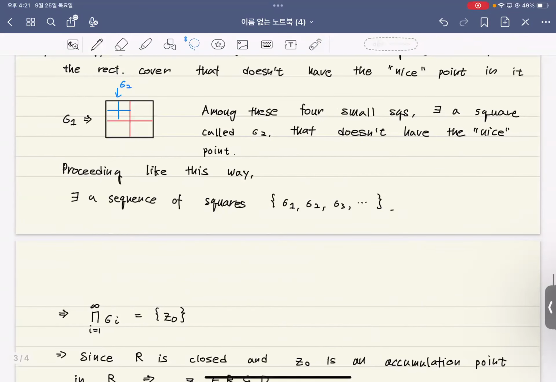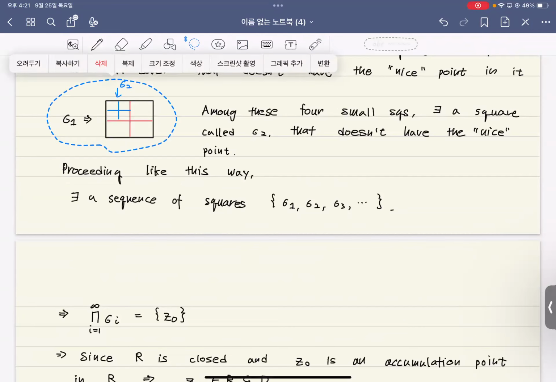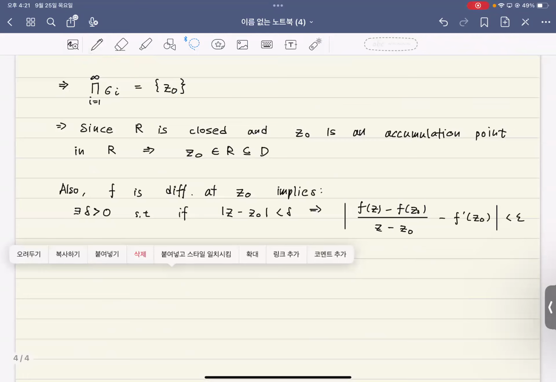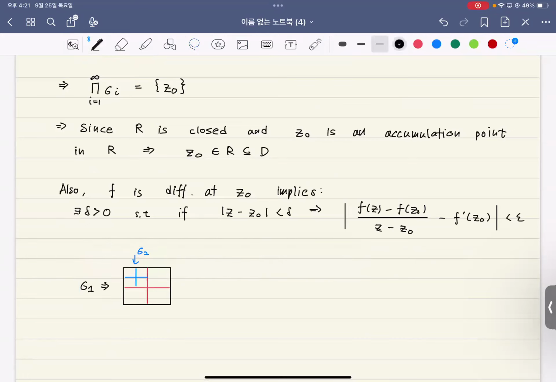Why? Let me say my point z0 is somewhere around here, and I have some definite positive number delta, and let me say the radius of delta is just this much. Is it a contradiction?